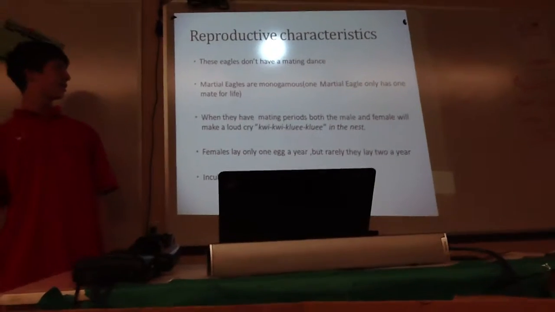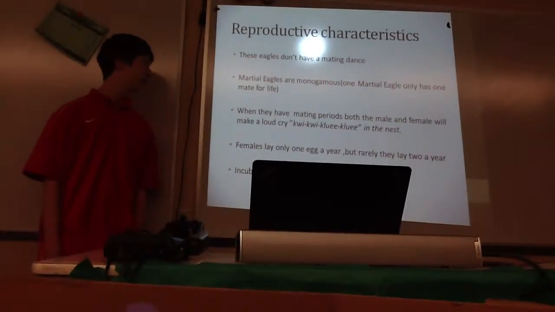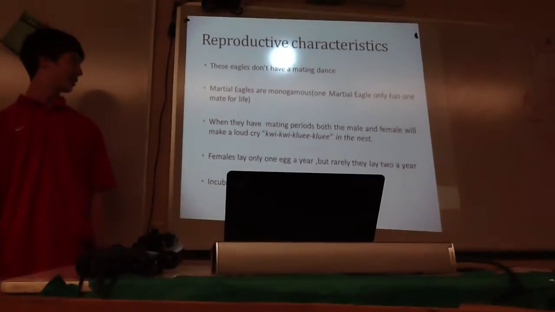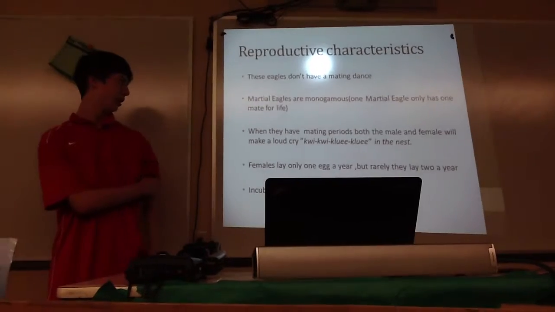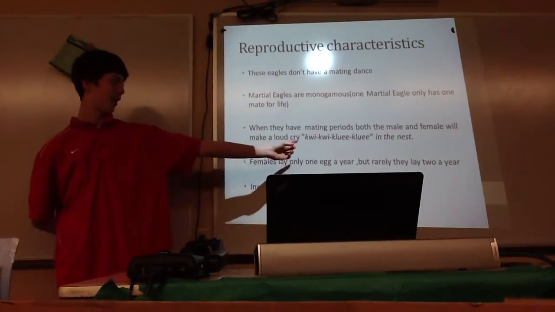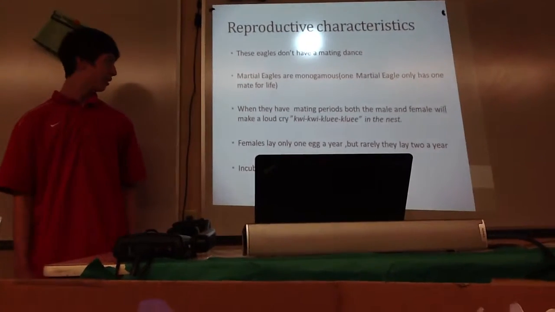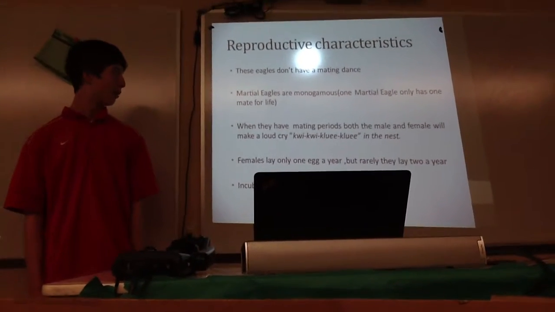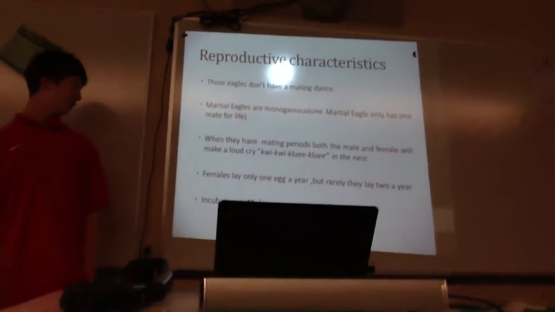Reproductive characteristics. They do not have a mating dance, but when they do mate, they make a loud cry in the nest, and they are monogamous, which means they mate for life with one mate.